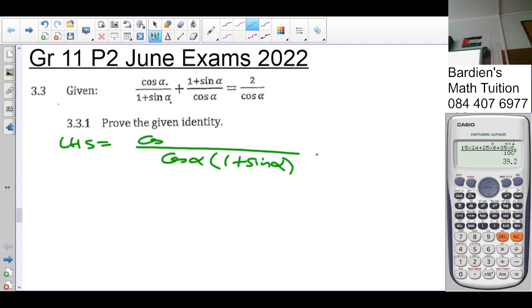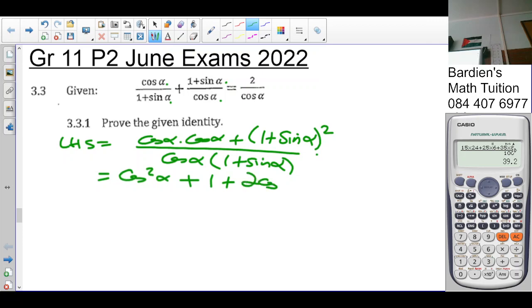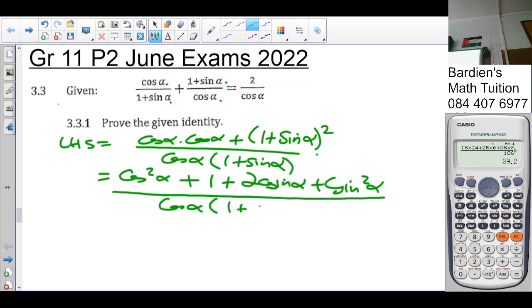So it's going to be cos alpha times cos alpha plus, this must be multiplied by 1 plus sine alpha, so the numerator as well is 1 plus sine alpha squared. Which in turn gives us cos squared alpha, simplifying the numerator, 1 plus 2 sine alpha plus sine squared alpha over cos alpha times 1 plus sine alpha.